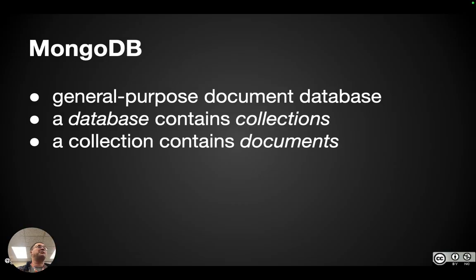So you can very much think about this as Google Drive is your database. You have folders in Google Drive, just like we have collections in MongoDB. And then inside of those collections and those folders are documents. That's the model. Much like you can put whatever you want in a Google document, you can put pretty much whatever you want in a MongoDB document as well.